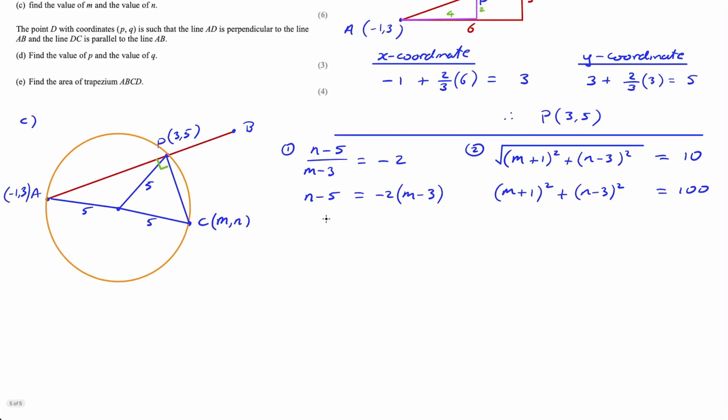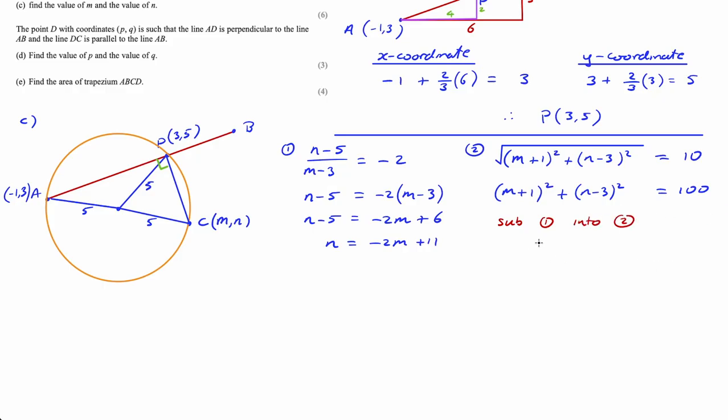So let's just get n here. So n minus 5 is equal to negative 2m plus 6, which means n is negative 2m plus 11. Then I'll sub that into here. I'll say sub 1 into 2.